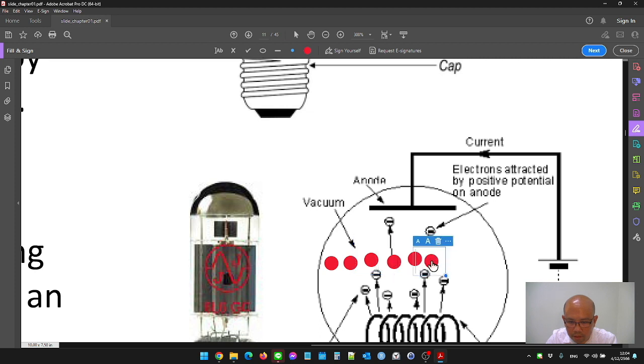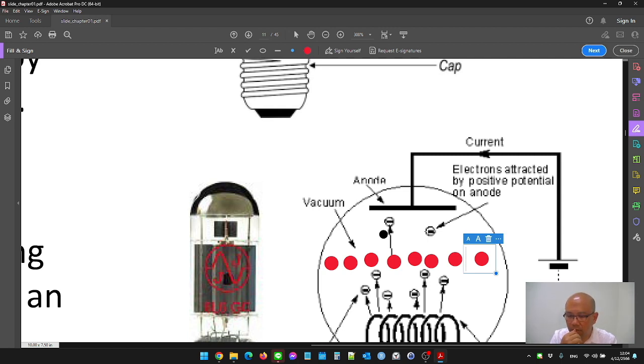This small grid connects to another power supply. Why did they put in the grid? Because they tried to control the electrons, which are very small. I think 1 minus E19.